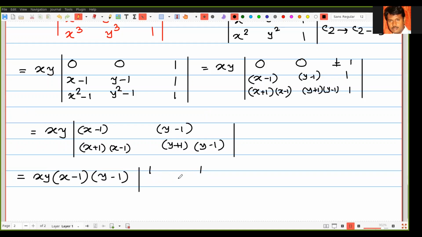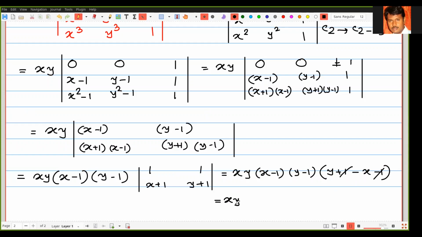So that is 1, 1, x plus 1, y plus 1. So after calculation, we are getting x minus 1, y minus 1, and y plus 1 minus x minus 1. So removing 1, we are getting the result, or the factors, are y minus x into y, x minus 1, y minus 1, then y minus x.